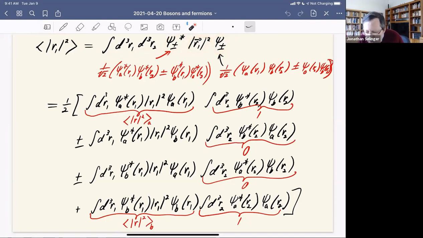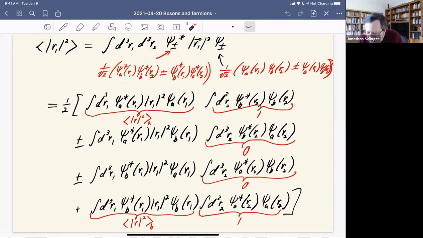Here, the wave function is this combination of terms, and the wave function complex conjugate is this combination of terms. So it's 2 terms times 2 terms, which makes 4 terms we have to figure out.